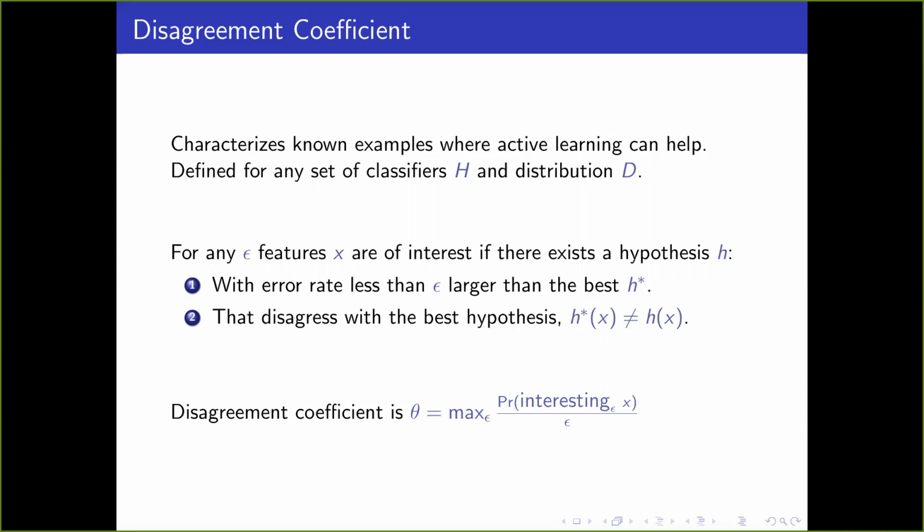The thing to have in mind is you have the best classifier, you have all the nearby classifiers, you have the set of points that the nearby classifiers disagree with the best classifier on, and as you vary your notion of nearby, you want to know how that set expands and contracts.